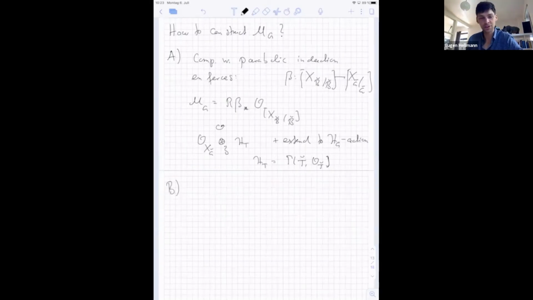So the other approach is in some sense where I was rather coming from when I started to consider these objects. Namely, R_G is expected to satisfy something like local global compatibility.